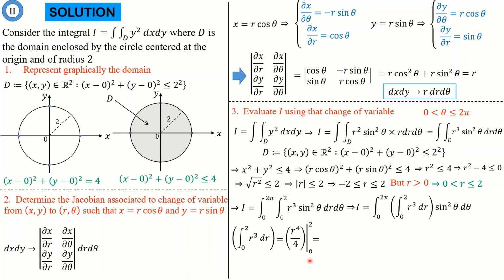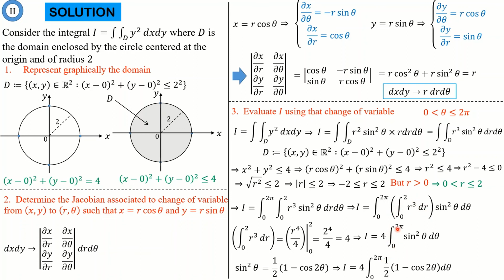My bounds are 0 and 2. So the upper bound gives me 2 to the fourth on 4, and the lower bound gives me 0. 2 to the power 4 is 16, divided by 4 is 4. So our integral I is simply 4, replacing the r integral with 4, times the integral from 0 to 2 pi of sine squared theta d theta.